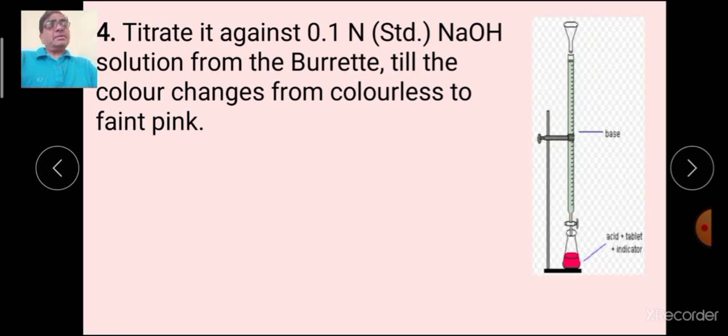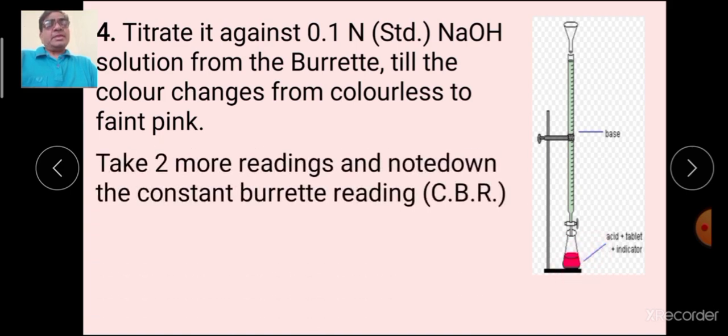This is the burette. You have taken the base, that is alkali, in the burette, while in the titration flask you have taken the acid solution and the indicator, and titrate till the pink color is obtained. Take 2 more readings and note down the constant burette reading, that is the CBR.